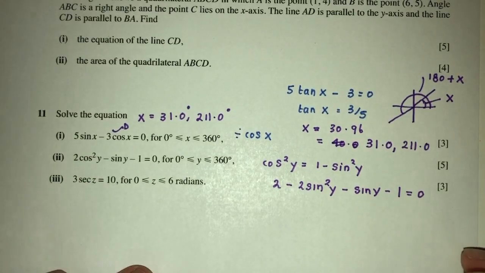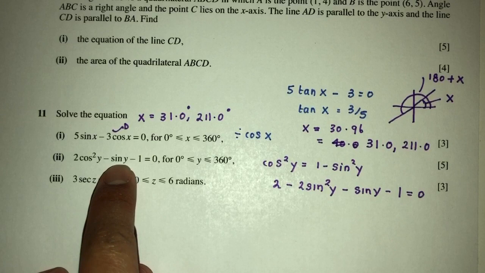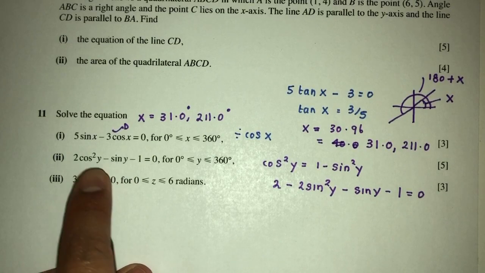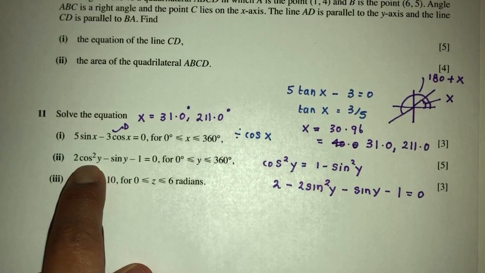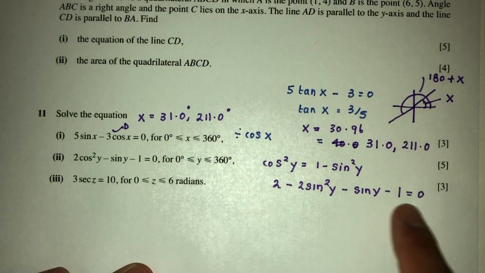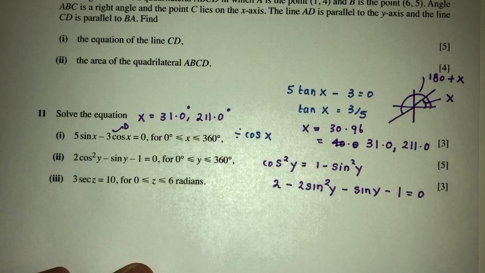So now you may ask me, why did I do this? It's because here we have sine y, here we have cos square y. I cannot really change this one, but I can use something to change this one, so everything will be in terms of sine y. It will make our life easier. That's the reason why I changed this.